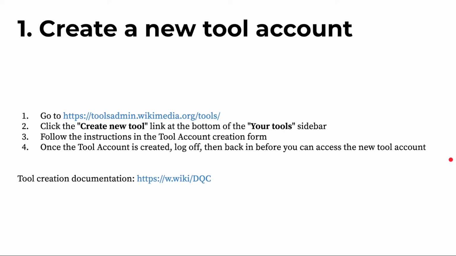First, we will create a new account. For that, we will go to the toolsadmin.wikimedia.org/tools URL. We will create a new tool. We will follow the instructions on the tool account creation form, and then once the tool account is created, we will log off, then back in before you can access the new tool account.